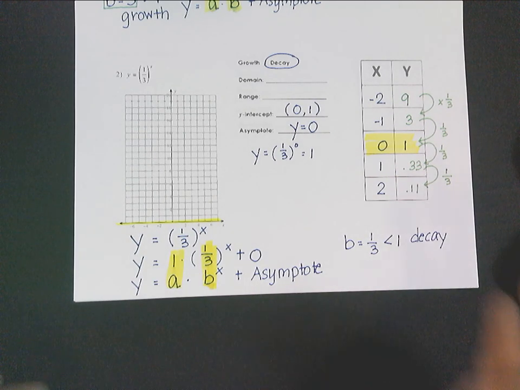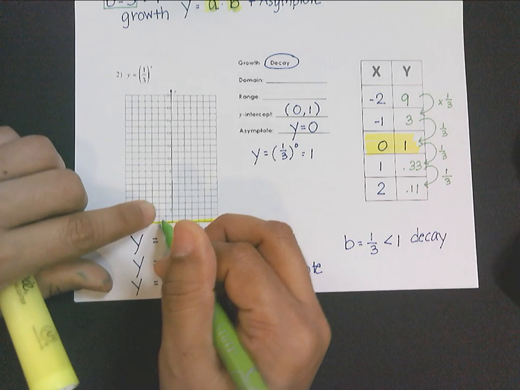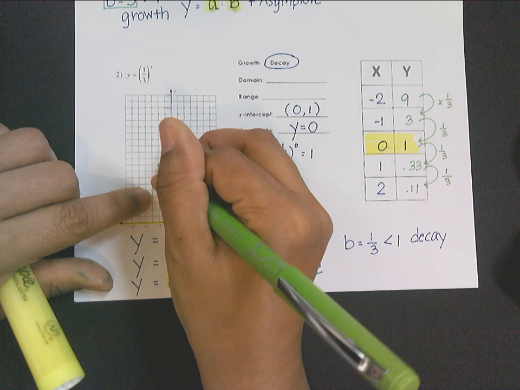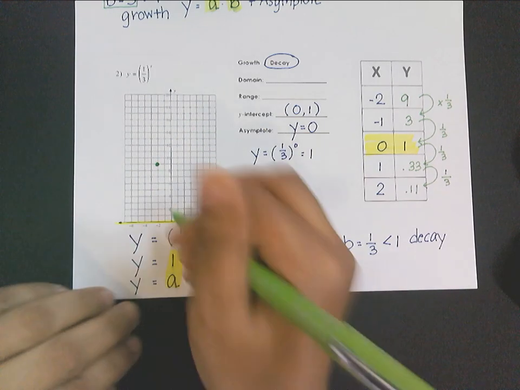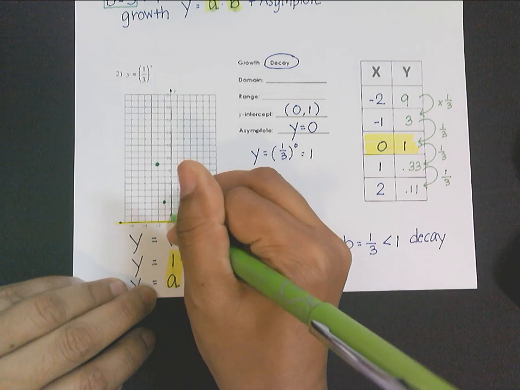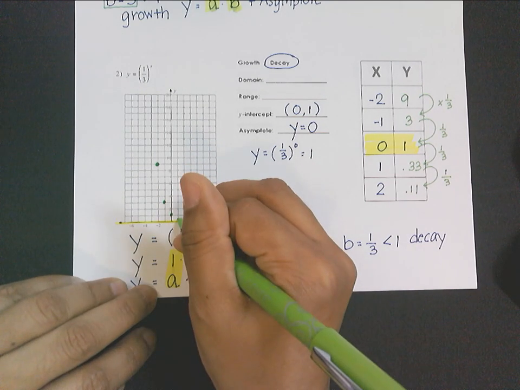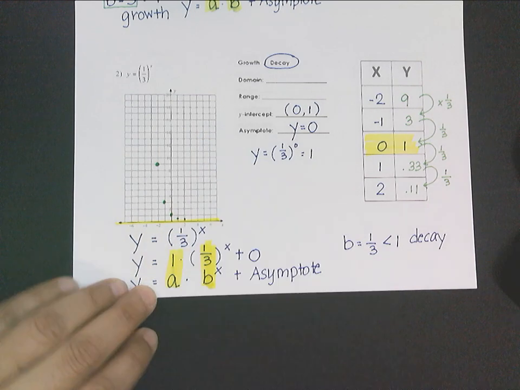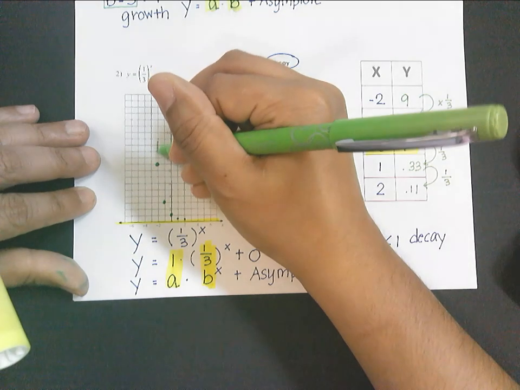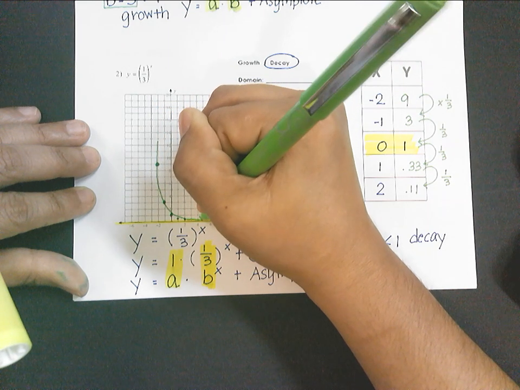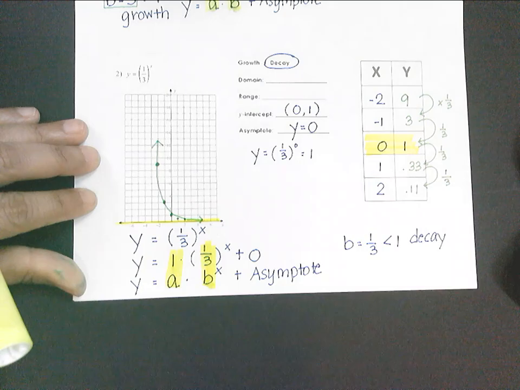So therefore, let me graph -2, 9, way up here. -1, 3. 0, 1. 1, 1/3. And I'm starting to get really close to the asymptote, and I'm trying to avoid touching it. But it's hard to graph, but it's going to look something like this. And so that graph is a decay graph.